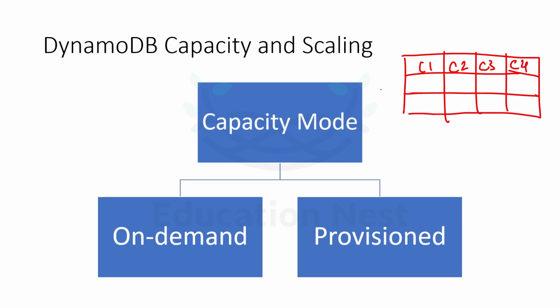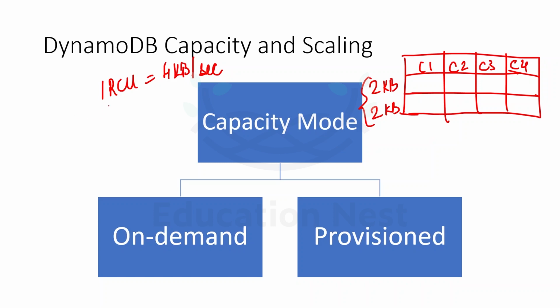Each item is of 2 KB size and I have provisioned 1 RCU for my table. Then I'll be able to read both of these items, right? Because 1 RCU means 4 KB of read per second. So in 1 second, I can read both of these items if required.